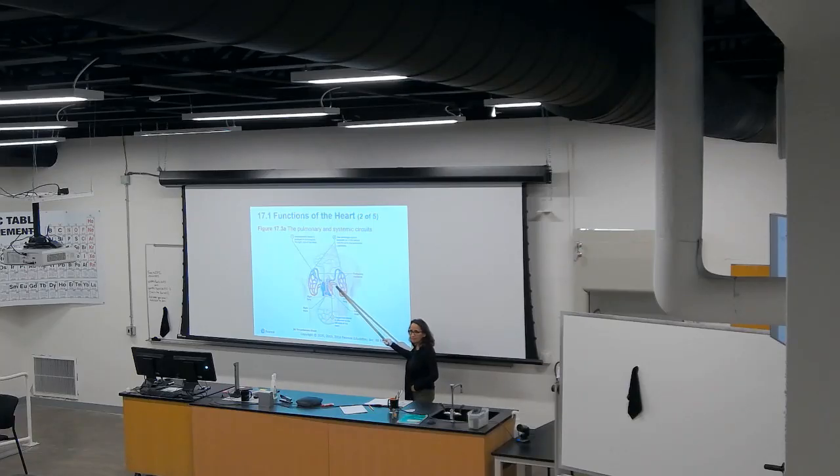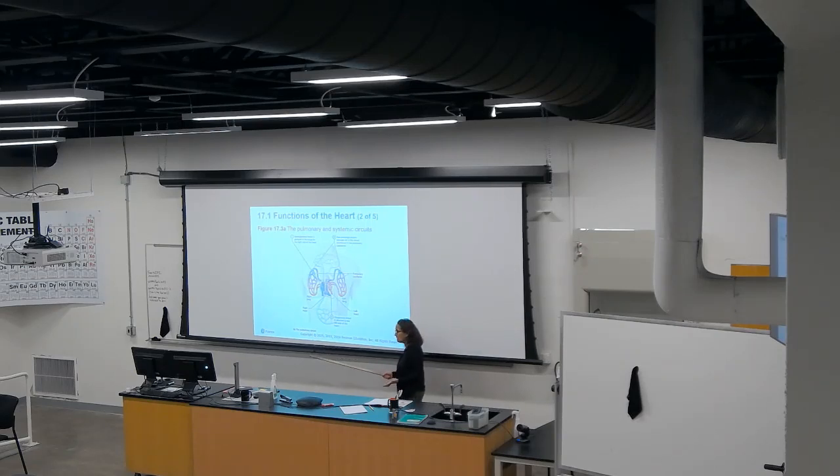The pulmonary veins bring oxygenated blood into the left atrium. Then the left atrium transfers the oxygenated blood into the left ventricle, so that the left ventricle is now ready to pump the blood into the systemic circuit so that the cells can receive that oxygen.